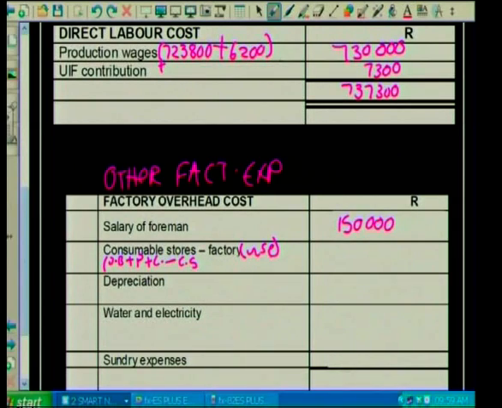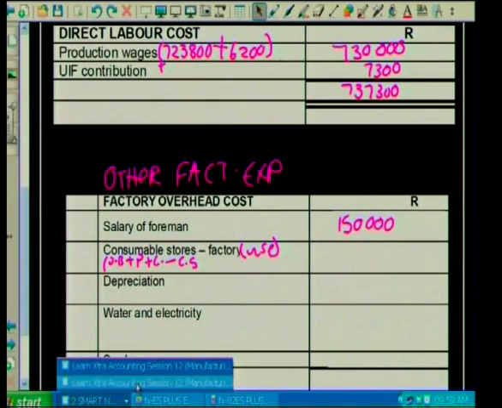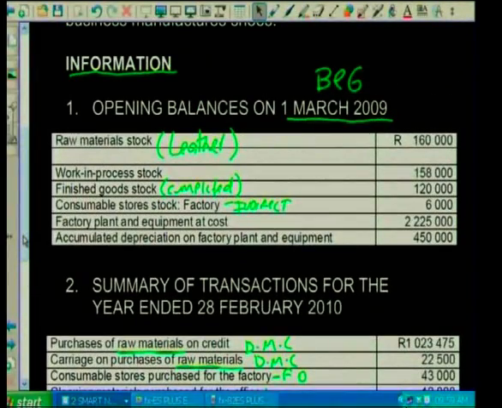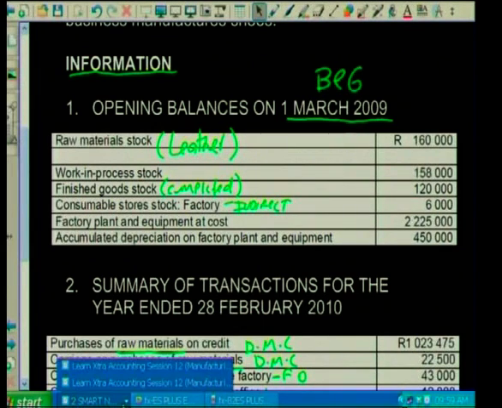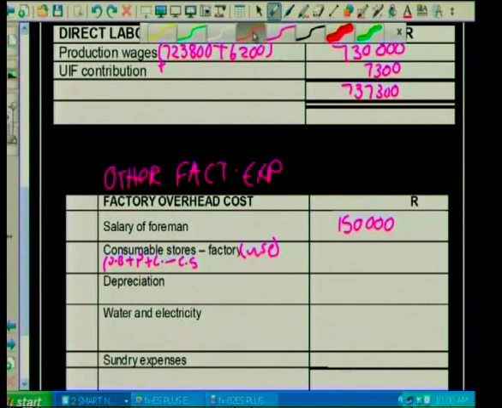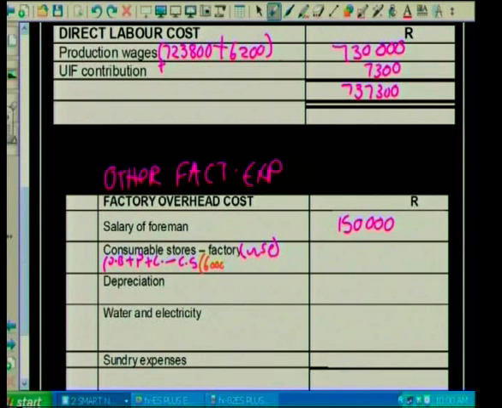Right, let's start with this calculation. Let's start firstly with your opening balance. So back to the question, and we're looking at information at the top. My consumable stores stock opening balance, I started off with 6,000 Rand worth of stock at the beginning of the year. So let's bring that through. So consumable stores opening balance, guys, I just want to change the color of the pen here. So open brackets, 6,000.